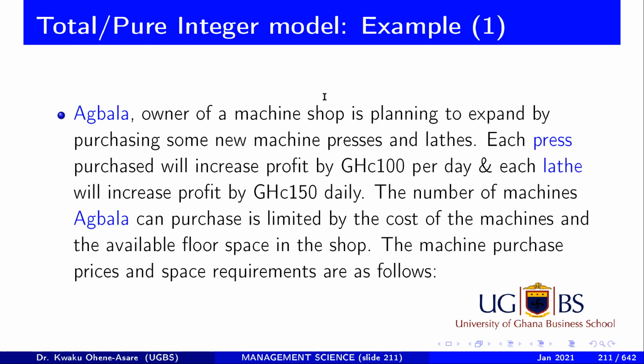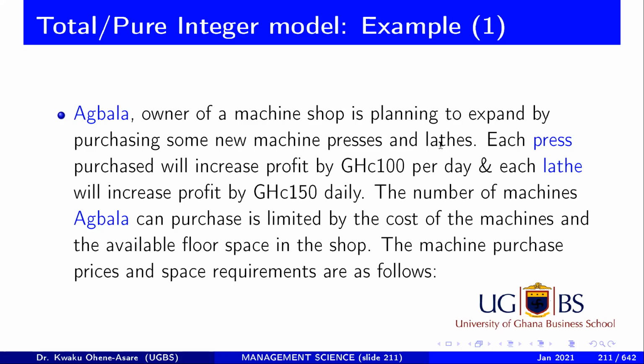Agbala, owner of a machine shop, is planning to expand by buying some new machines, presses and lathes. So the company is preparing to buy presses and lathes. These are used in producing items. Each press that they buy will increase profit by 1,000 cedis every day.